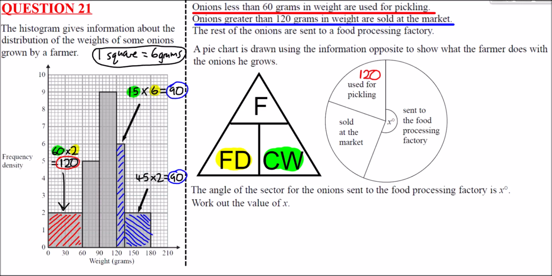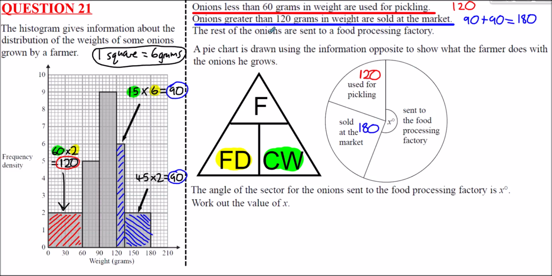Use of pickling, so we had 120. Now, the ones sold at the market is 90 and this other 90, which is 180. So at the market, I'm going to put 180 in there.